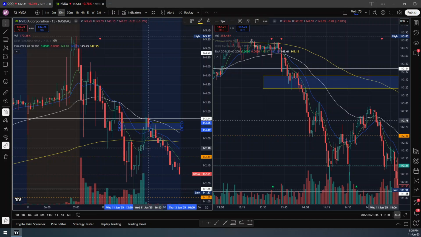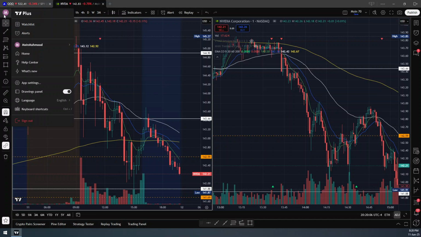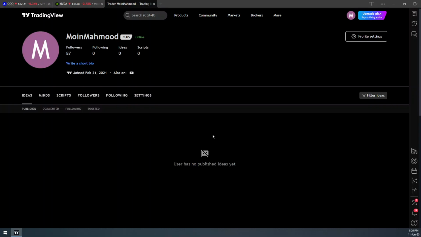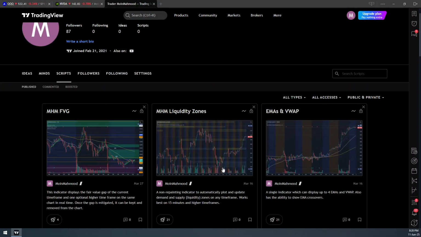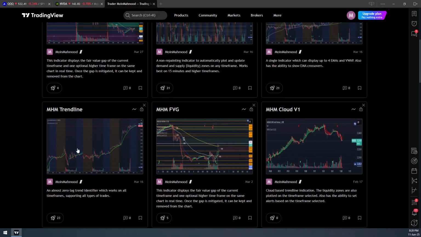And because I'm a super lazy guy, I don't like to move my hands to find fair value gaps. I made an indicator for identifying fair value gaps. I'm going to share it in the chat. For those of you who use TradingView, feel free to use it. It marks it, and once the fair value gap is filled out, it basically invalidates the fair value gap as well.